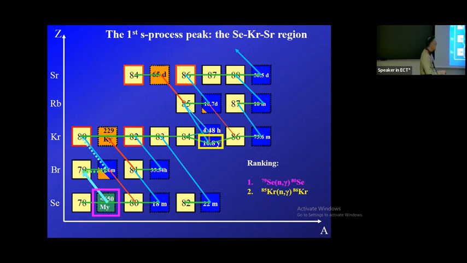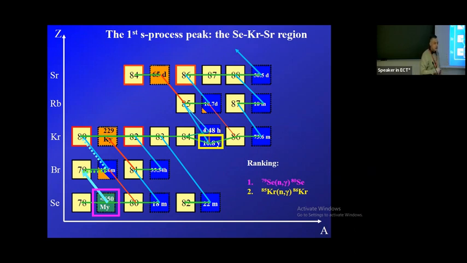But most importantly, because krypton-86 has the lowest neutron capture rate in this region, even lower than strontium-88. And this basically means that changing the ratio of, let's say, the fluence passing in this direction or in this direction may largely determine the abundance of strontium in your stars.